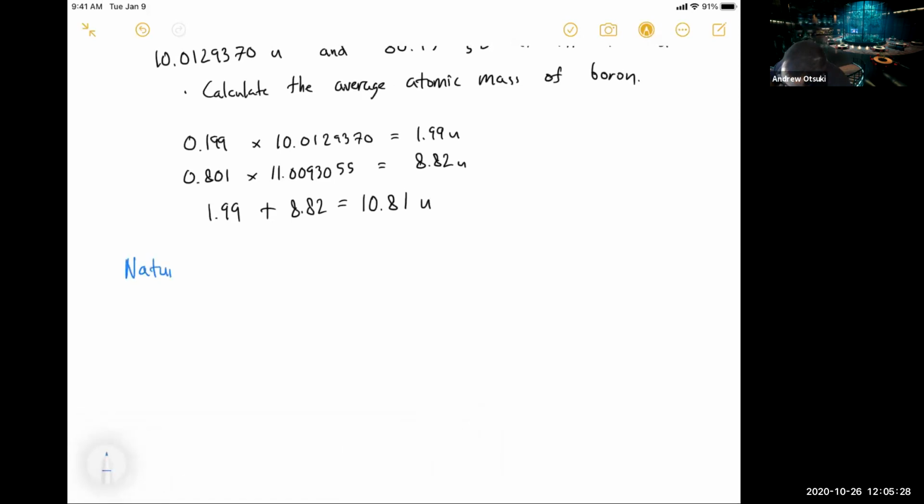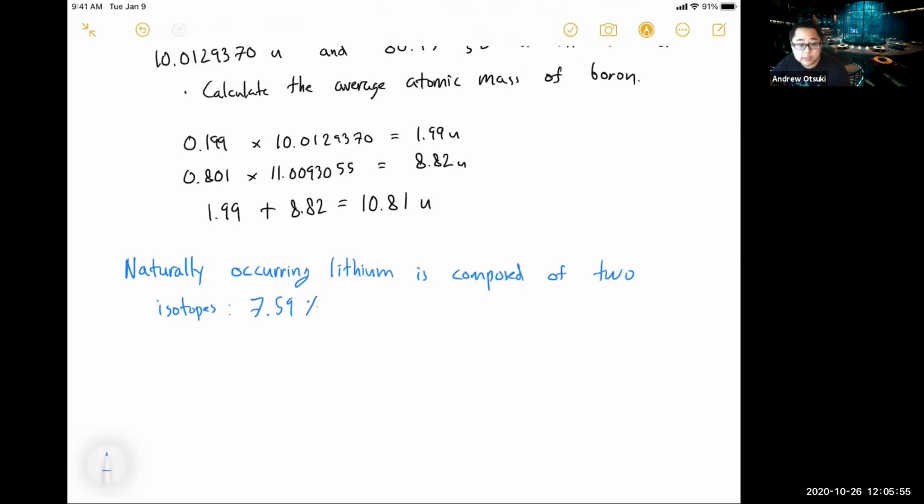Naturally occurring lithium is composed of 2 isotopes: 7.59% at 6.0151224, and 92.41% at 7.0160041 atomic mass units.